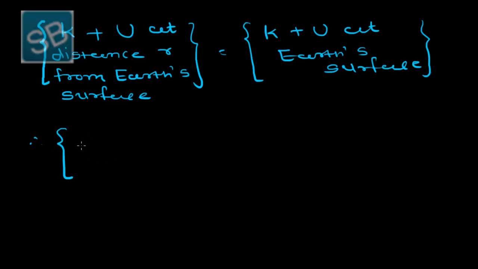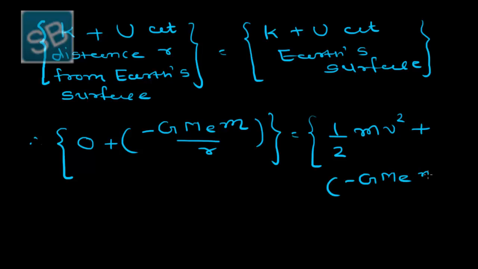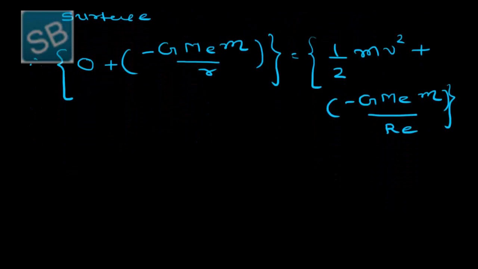Therefore, now here the value of kinetic energy is 0 plus the value of potential energy is minus G Me m over r, that is equal to kinetic energy 1 by 2 m v square and the potential energy minus G Me m divided by Re. With this result, we can find by simplification: I am taking the G Me m over r term on the left hand side.